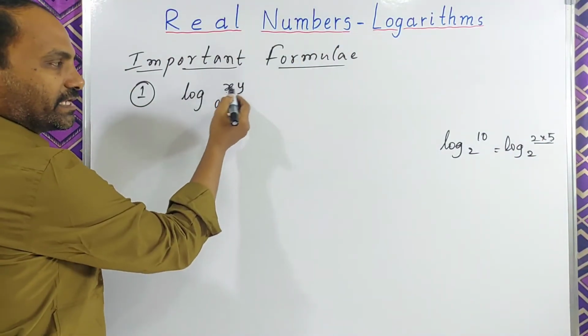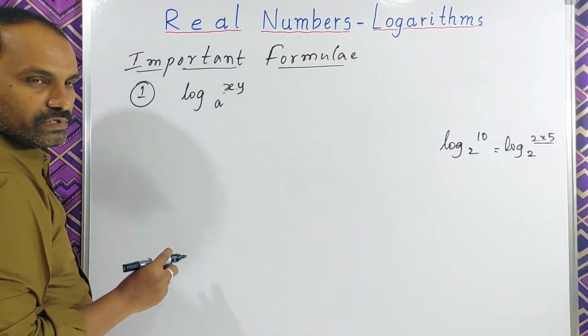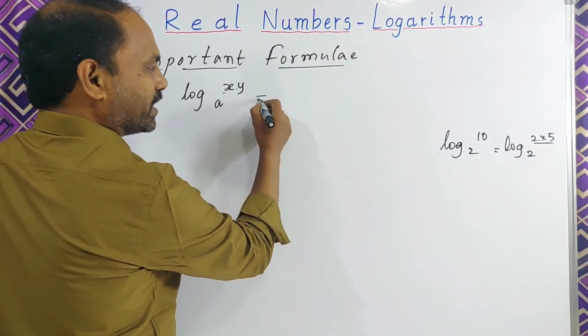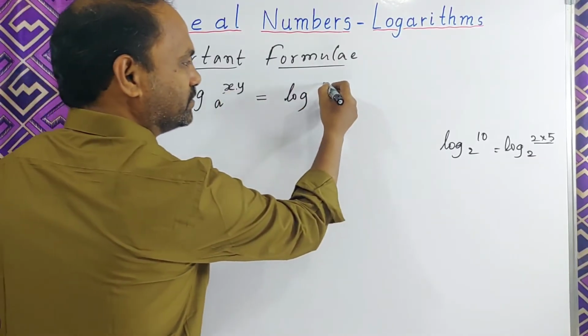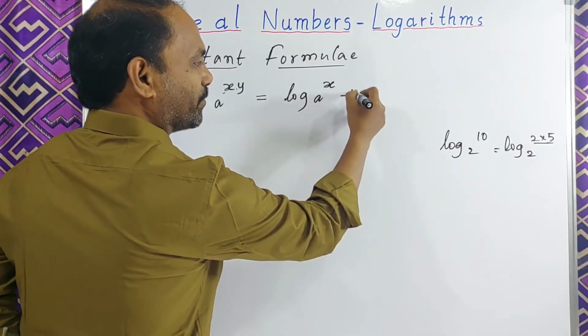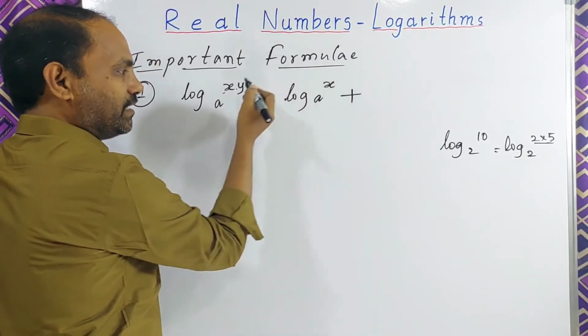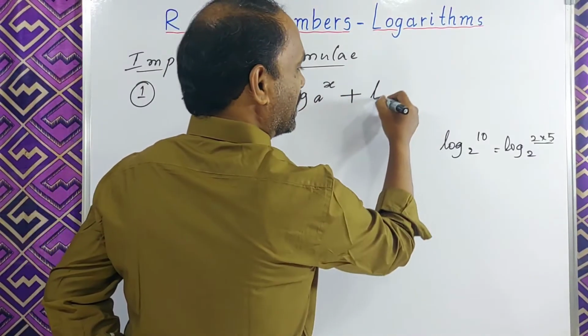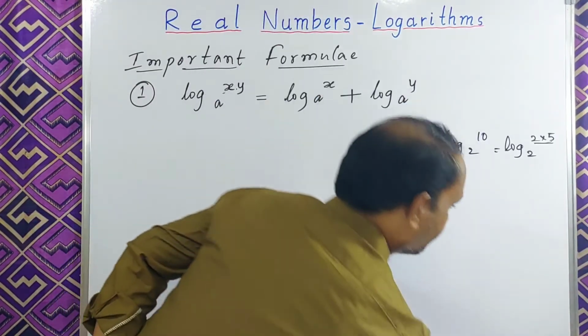Like this, here also x and y are there with into between them. When into is there, expanded form is log x to the base a and then plus symbol. When into is there, you should write plus symbol and then again you should write y also, log y to the base a.